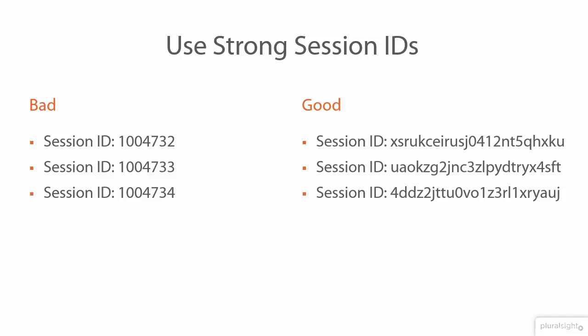These are all session IDs generated by Microsoft's ASP.NET framework. This is what comes out of the box. If you put something in session state in ASP.NET, you're going to get a session ID that looks like one of these guys. And clearly, these have a much higher degree of randomness than the ones on the left. In fact, let me show you just how random they are.